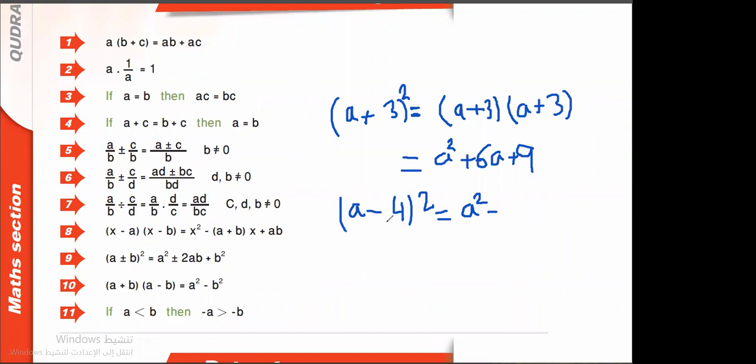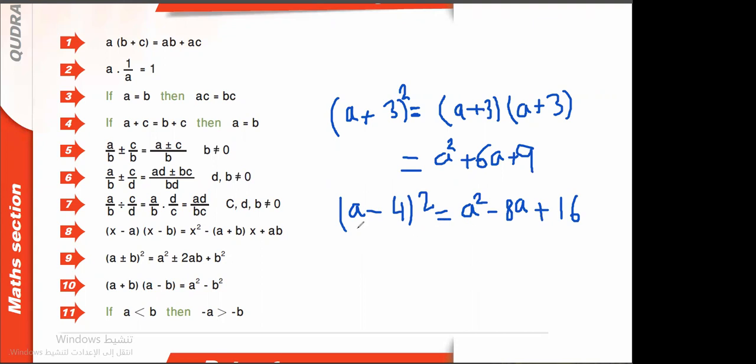Then you add minus 4 plus minus 4, it is minus 8, multiplied by A, plus 16.